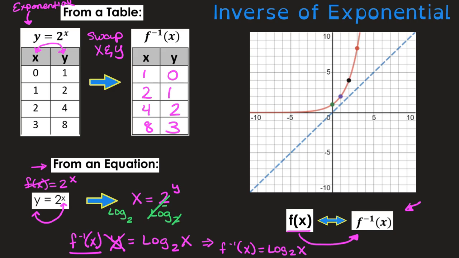So let's take this table data now and plug it in on our graph to the right. We're going to start with the 1, 0. Then we've got 2, 1, 4, 2, 8, 3. And you can kind of see how these points are going up and to the right.